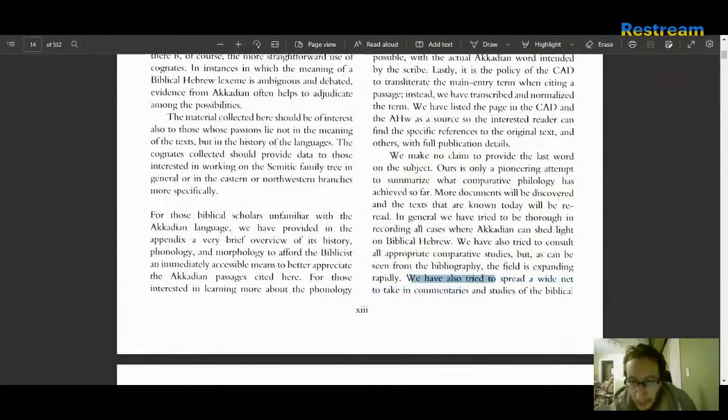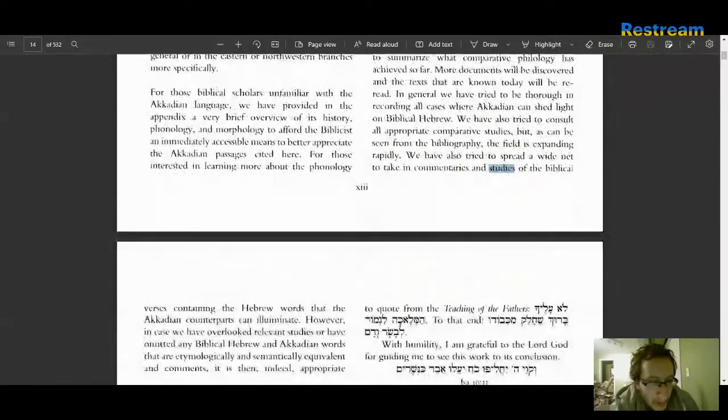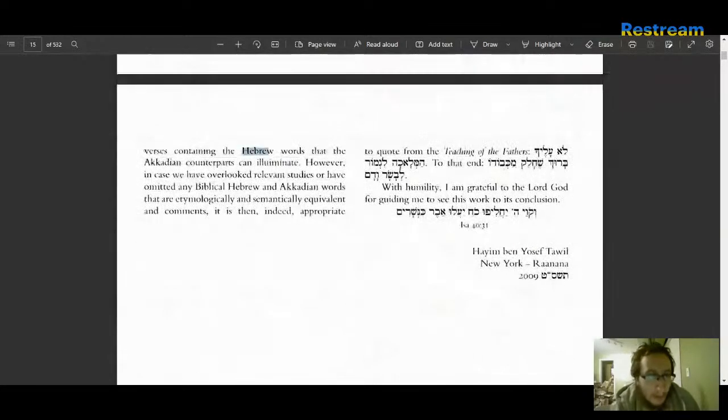We have also tried to spread a wide net to take in commentaries and studies of the biblical verses containing the Hebrew words that the Akkadian counterparts can illuminate. However, in case we have overlooked relevant studies or have omitted any biblical Hebrew and Akkadian words that are etymologically and semantically equivalent and comments, it is then indeed appropriate to quote from the teachings of the fathers.